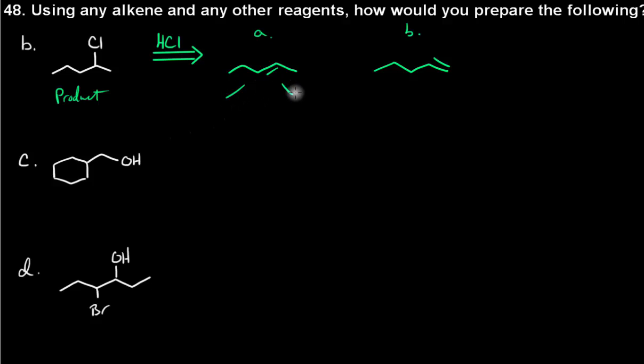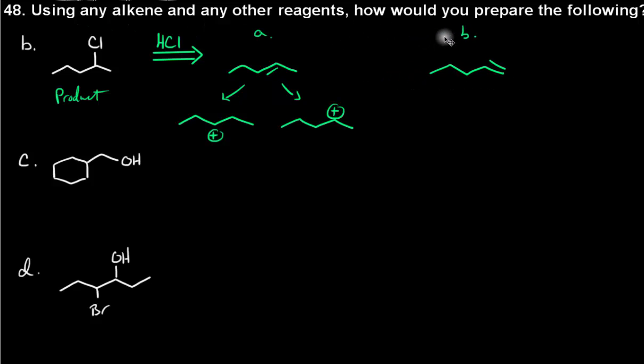We'll either get this carbocation on the left, 1, 2, 3, 4, 5, right here where the positive charge is on this carbon, or we'll get this carbocation on the right, 1, 2, 3, 4, 5, right here. Okay, so that's one possibility. In this case, we'll get 2 totally different products. This guy on the right is going to be the one that'll give us our actual product. Okay, because remember we have chlorine on the 2 position, so 1 from the end.